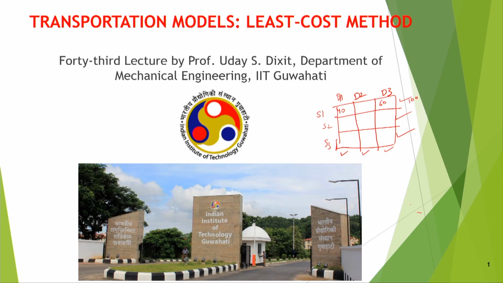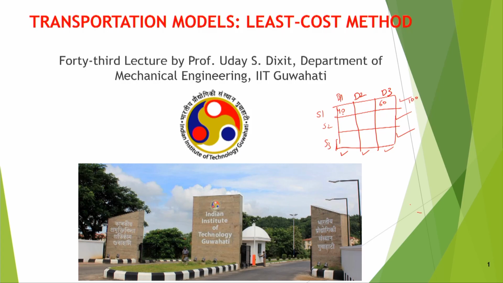We have to follow an optimization procedure, but we can first make the initial basic feasible solution. One method I have already discussed in the last class was the northwest corner method, where we start from the northwest corner, allocate as much as we can in S1 D1, and then move this way or that way depending on whether you have supply remaining or demand remaining.